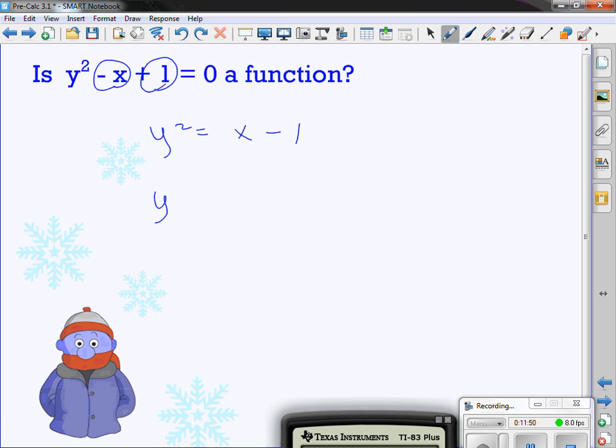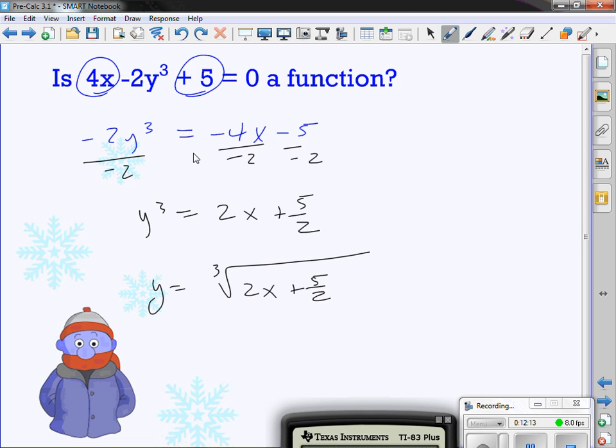When I take the square root, it's plus or minus the square root of x minus 1. Because what does a square do? When you square a number, what is its sign? If I square it, it's always positive, so I don't know if there was a positive or a negative in it.